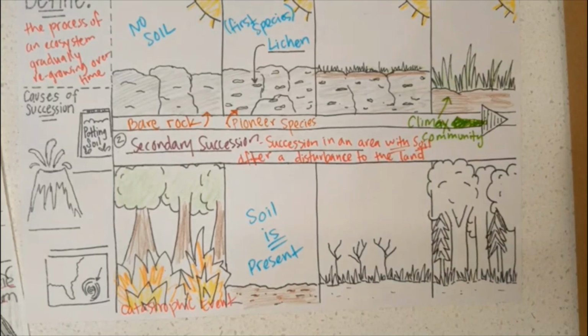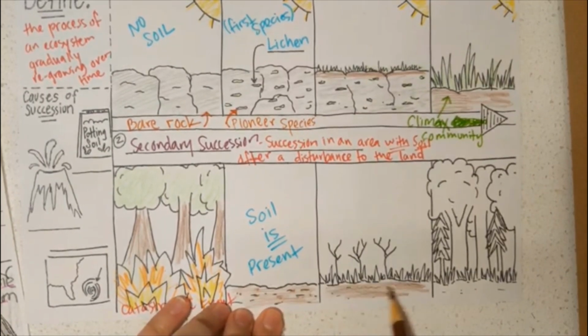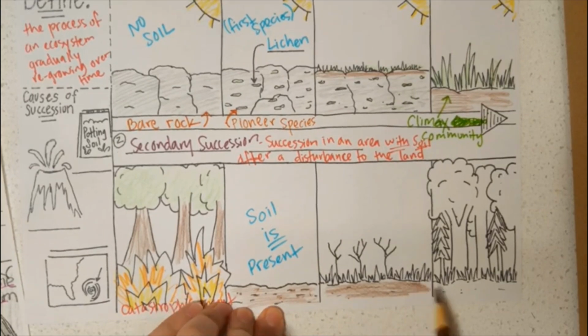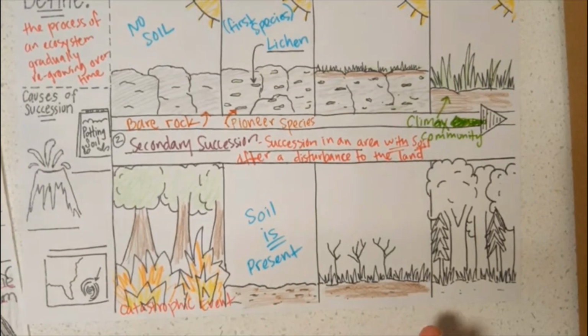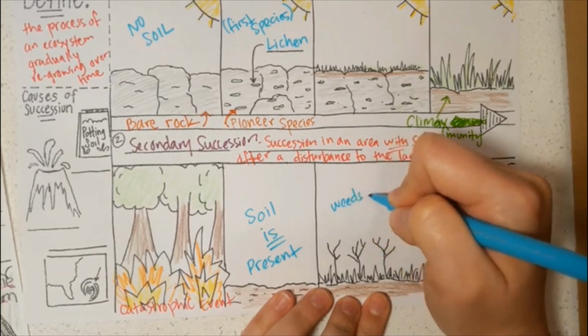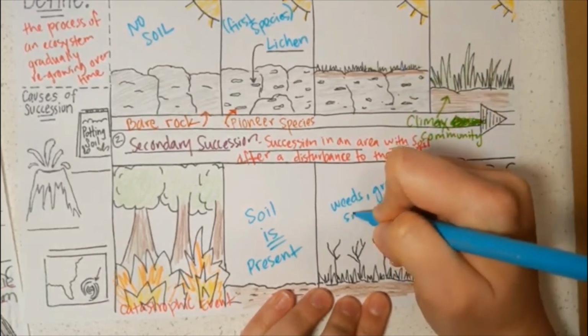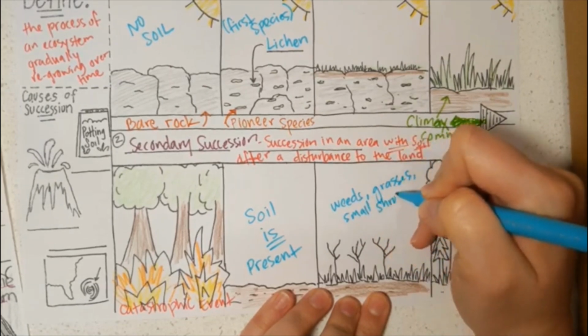Okay, so we're starting off with soil. The soil is already there. It doesn't have to be broken down. It's actually been fertilized by the fire from all the ash from the burnt plants. So our pioneer species in this case are going to be weeds, grasses, small shrubs.